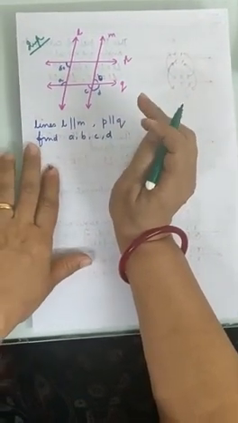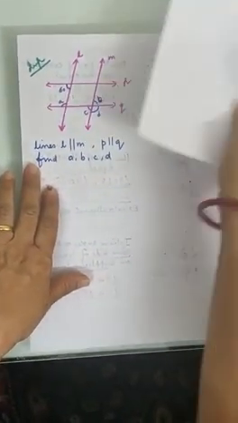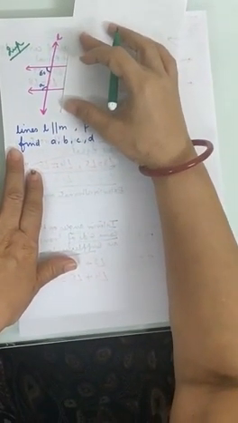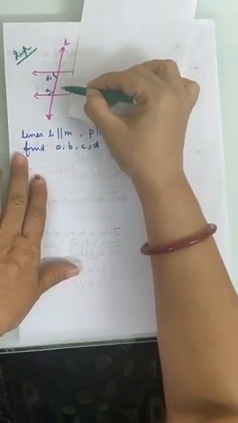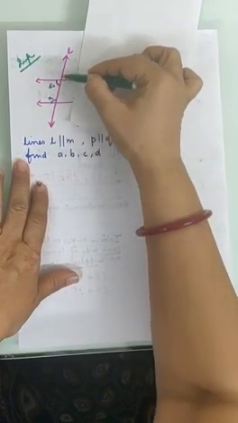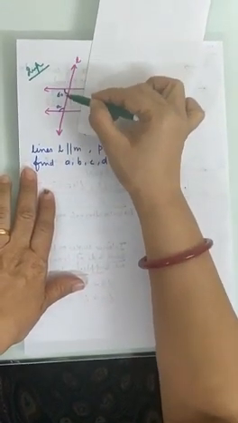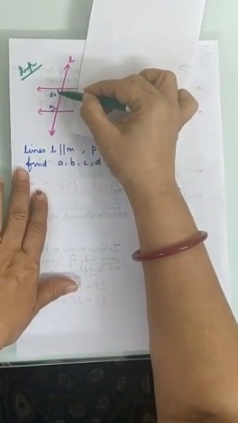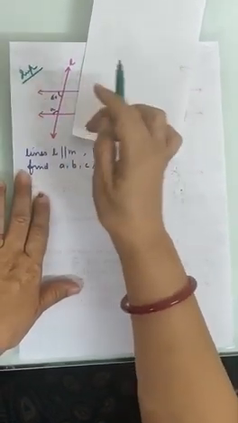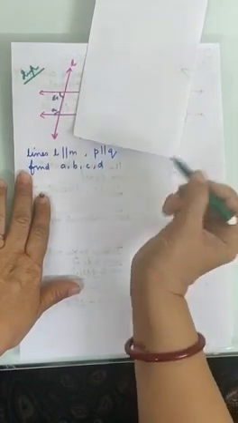So how to proceed? Now what we do, we hide this. Now you see here, these two are two parallel lines and it is cut by this transversal. So these are interior angles on the same side of the transversal, which should be supplementary.